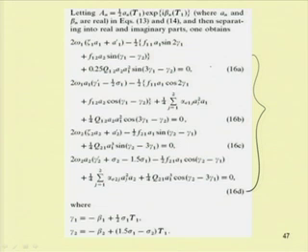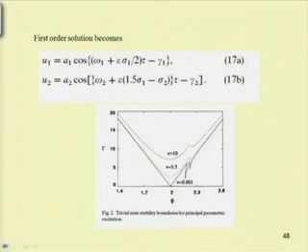Beta 1 and beta 2 can also be written in terms of gamma 1 and gamma 2, where gamma 1 equal to minus beta 1 plus half sigma 1 T 1, and gamma 2 equal to minus beta 2 plus this. Writing beta in terms of gamma 1 and gamma 2 removes the time dependent term. So, one can have 4 equations.